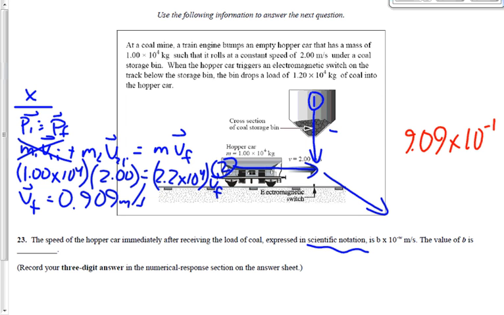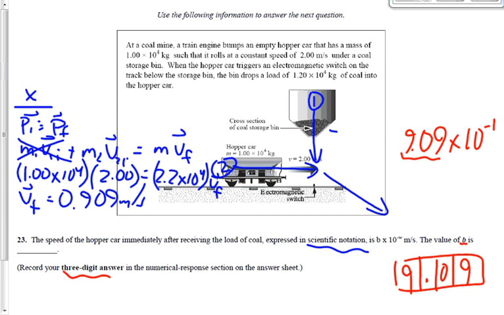What are they looking for here? They're looking for the value of b. Now, there were some people that just filled this in as a 9, because automatically people think, oh, they're asking for b, they're asking for the first digit. No, they're asking for a 3-digit answer. They're asking for 9.09, not 0.91.